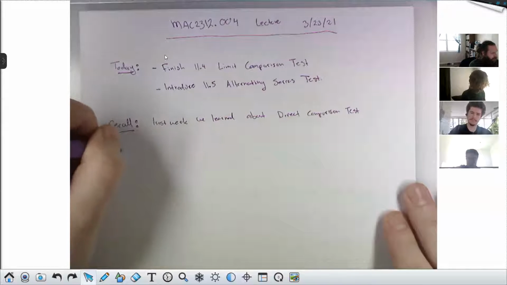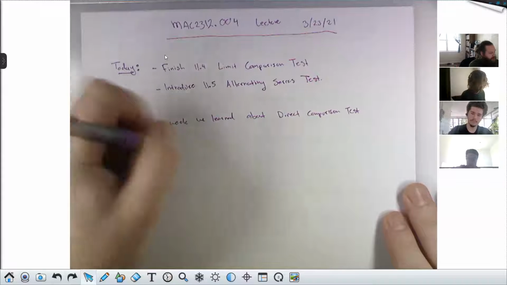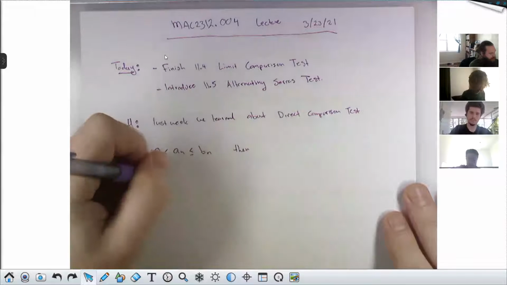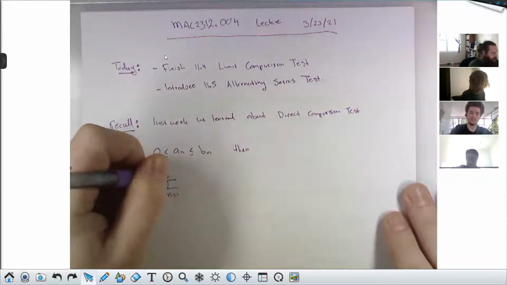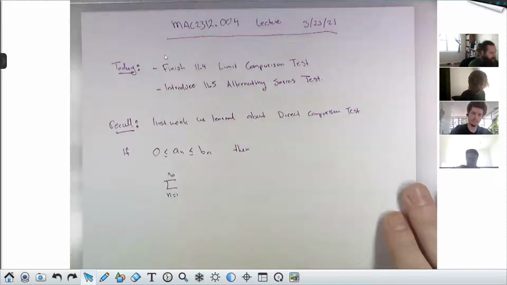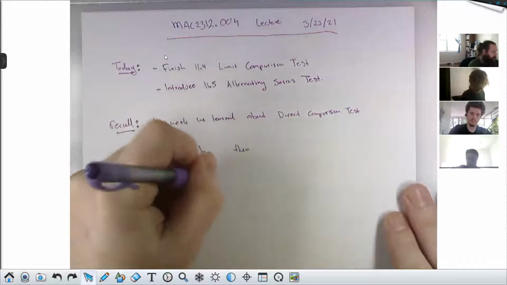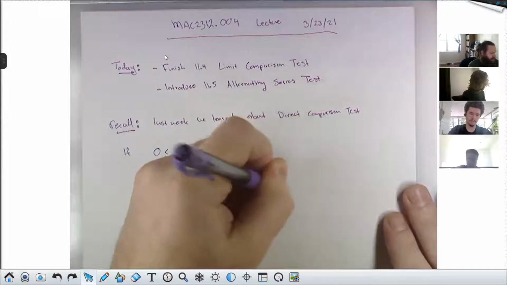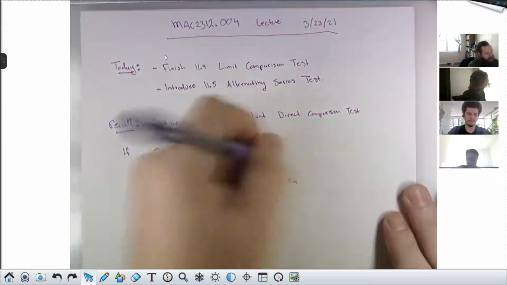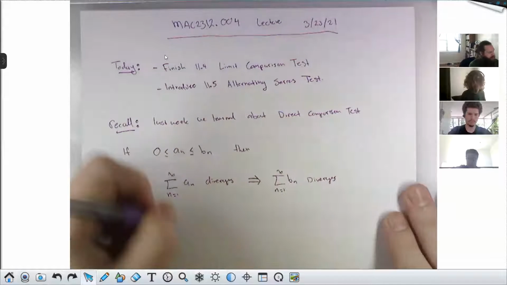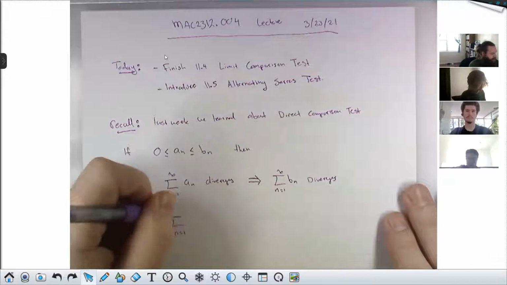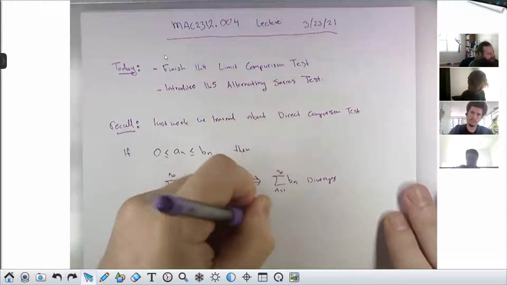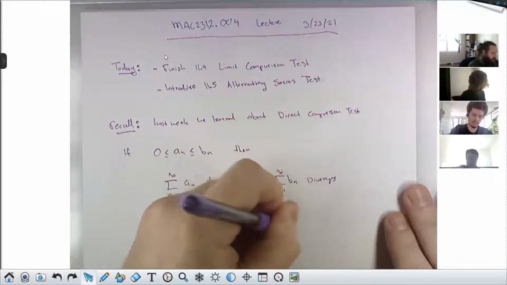And this says if 0 is less than or equal to a_n is less than or equal to b_n, then if the sum, and it could start at 1 or 0 or any finite number, of the smaller guys diverges, then the sum of the larger guys diverges. And if the sum of the larger guys converges, then the sum of the smaller guys must also converge.